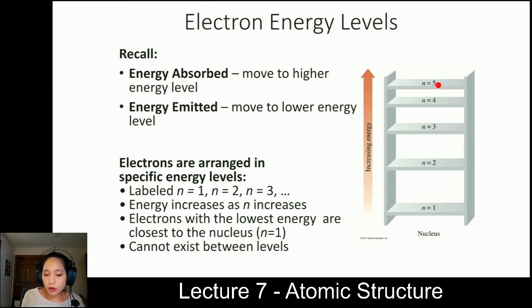If an electron goes from n equals 5 all the way down to n equals 1, you are moving to a lower energy level. That means energy or a photon must be emitted. Or if an electron goes up the ladder, you must put energy or photon energy into the atom in order for that electron to jump from a lower rung to a higher rung.